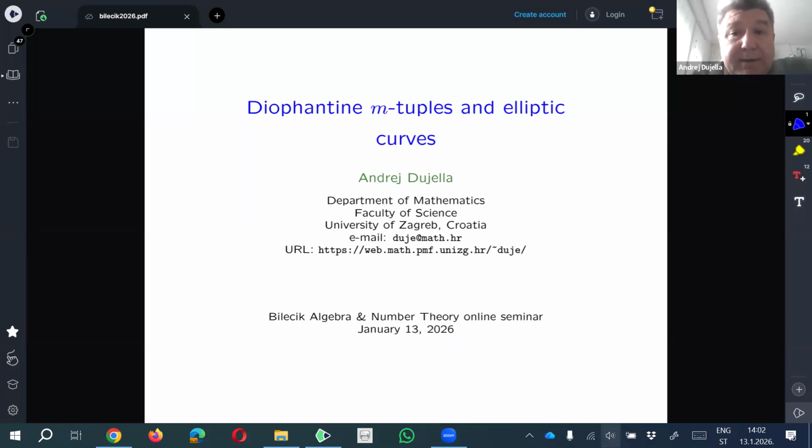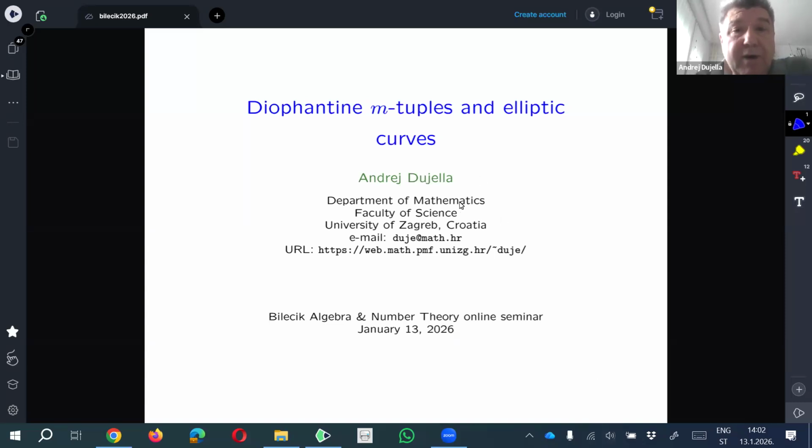Namely, elliptic curves can be used to solve some long-standing problems concerning Diophantine m-tuples, but also Diophantine m-tuples can be used as a useful tool in producing elliptic curves with interesting Mordell-Weil groups.